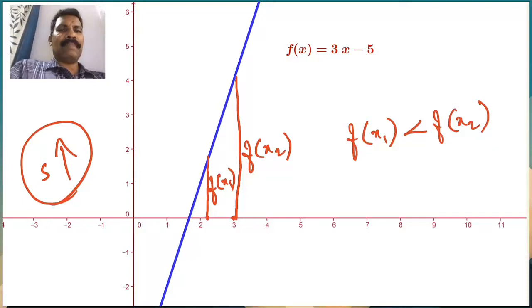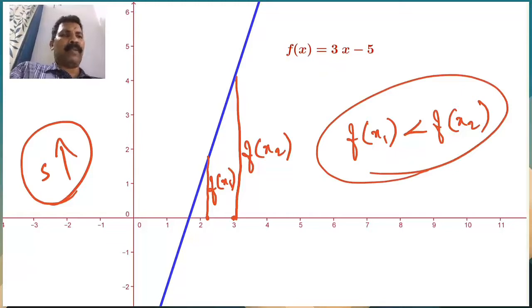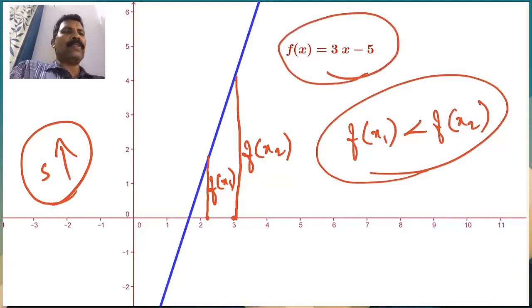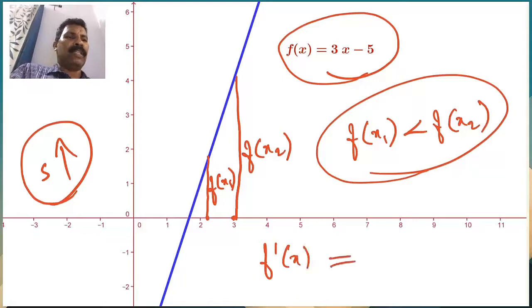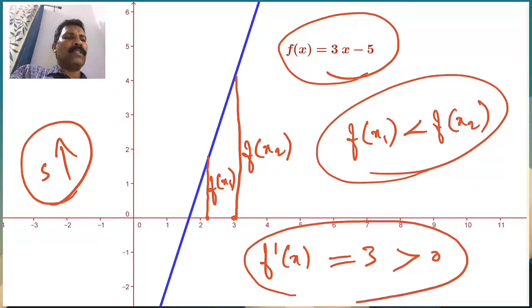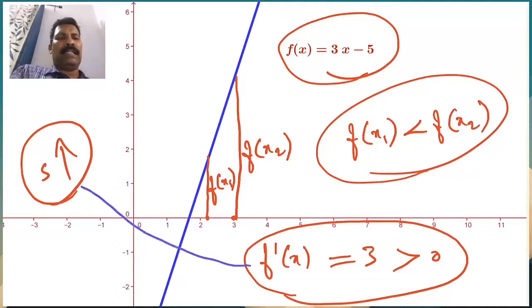But calculus can help you without drawing this graph and checking whether f(x1) is less than f(x2) every time, which would be time consuming. Here you simply take the function and find f dash x. That is 3, and 3 is positive, and derivative positive means function is strictly increasing. So you can have it in a very simple way like this.